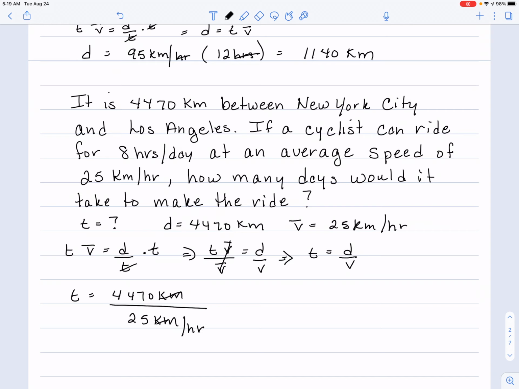So your kilometers cancel, hours go up to the top. So you have 178.8 hours. But you're asked for how many days.